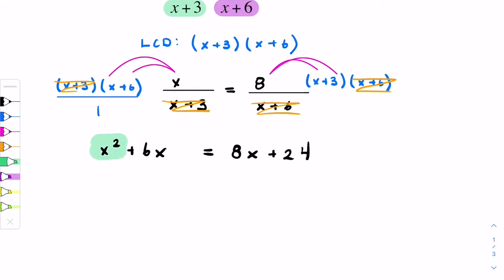Because we have an x squared term, the only thing we can do for solving is either use the quadratic formula or factoring. In this case, factoring will work, so I'm going to move everything to one side of the equal sign, set my equation equal to 0, and solve by factoring.